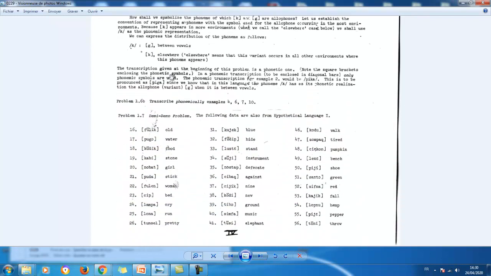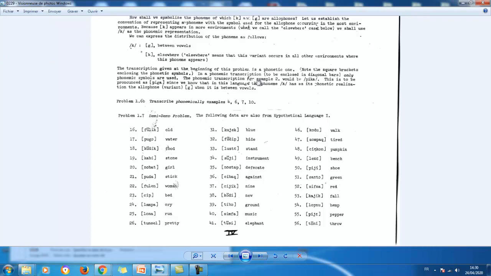Now, the transcription given at the beginning of this problem is a phonetic one. What do we mean by phonetic? We are trying to represent the allophones in our transcription. Note the square brackets enclosing the phonetic symbols. When we have a phonetic transcription, we put that transcription between square brackets.